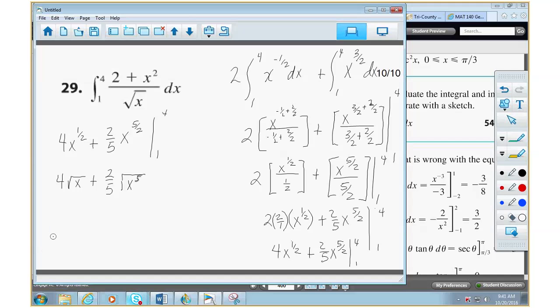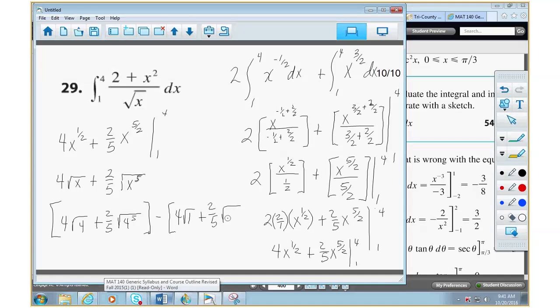So 4 square root of 4 plus 2/5 square root of 4 to the 5th, brackets, minus 4 square root of 1 plus 2/5 square root of 1 to the 5th.